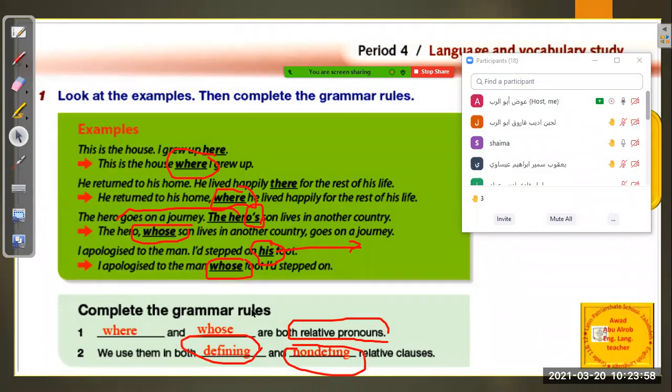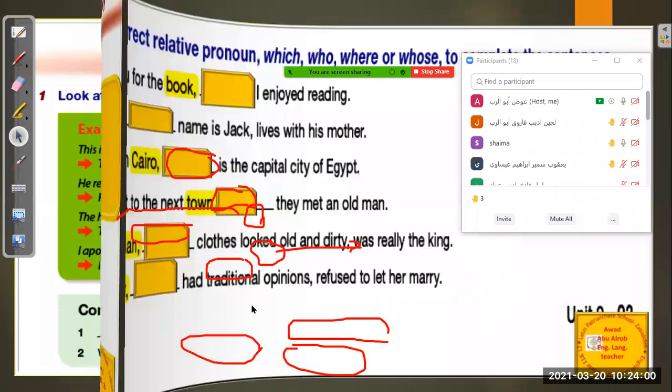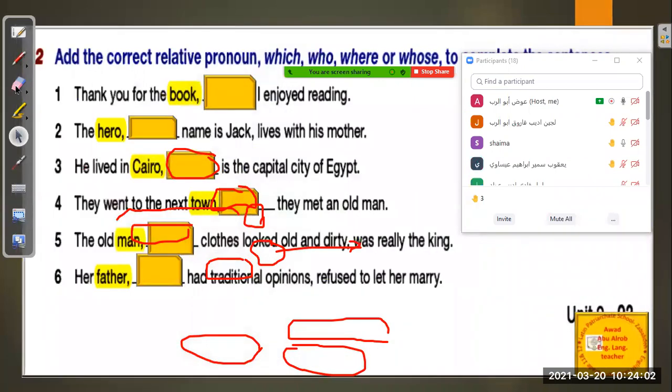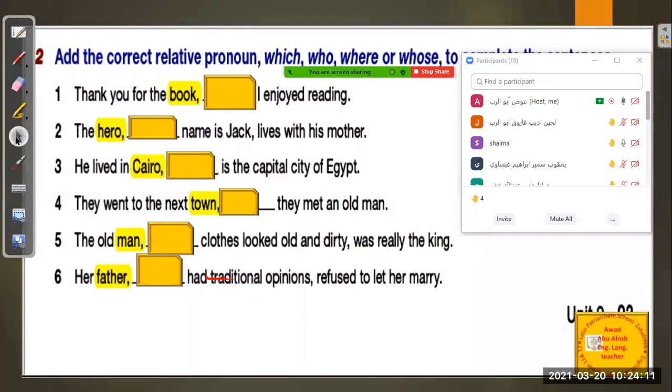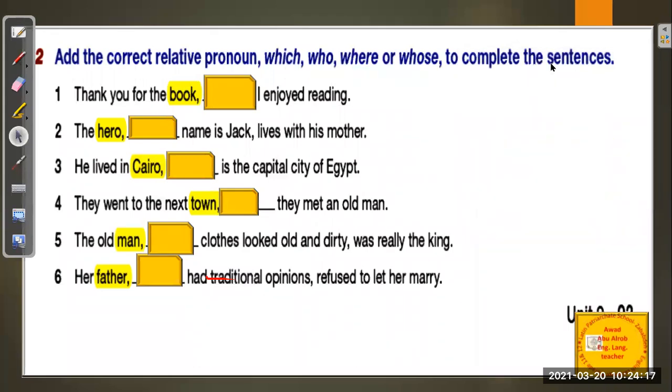Now, next slide. Read Shayma, please. Read the instructions here. Add the correct relative pronoun: which, who, whose, or where. Yes, number 1, Yaqub.